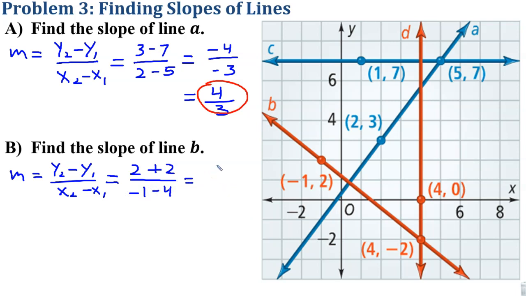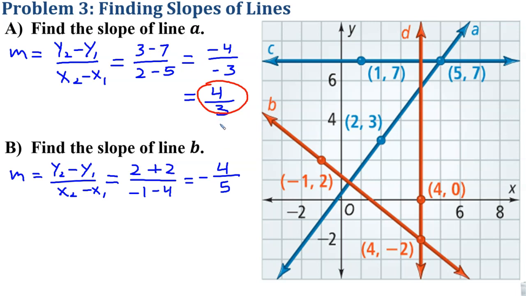And for that, what I end up with is a +4 on top and a -5 on the bottom. I'm just going to put the 5 on the bottom and throw the negative out front. It doesn't matter if we think of the whole fraction as negative or just the top or just the bottom, it's still a negative slope. And we had a positive slope in our first case.